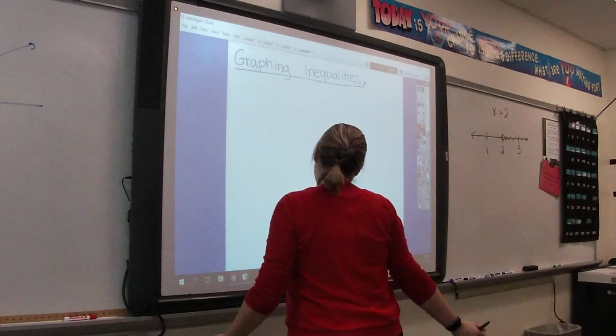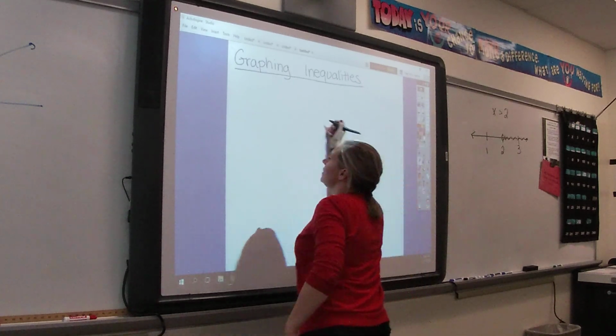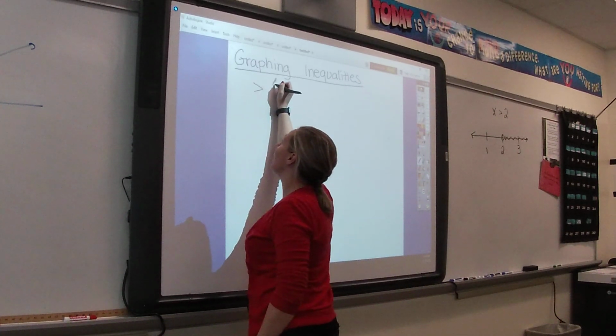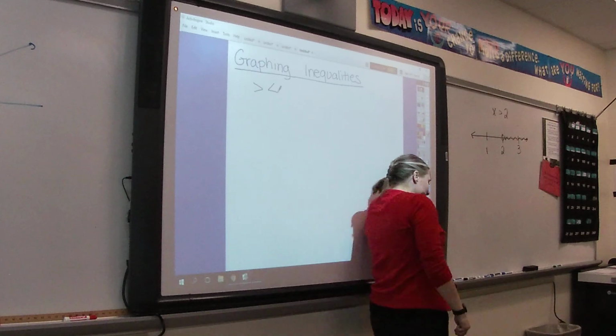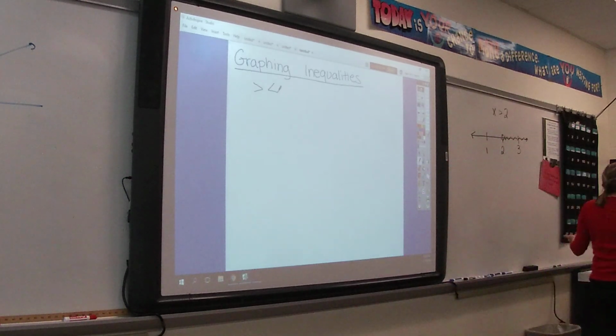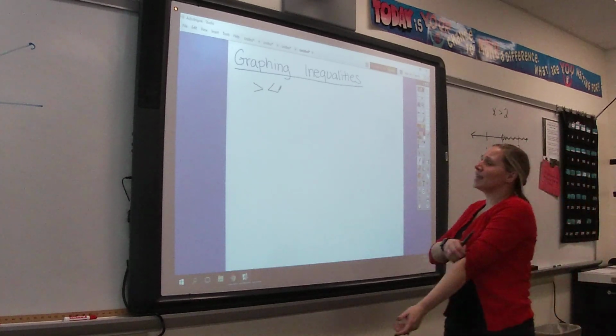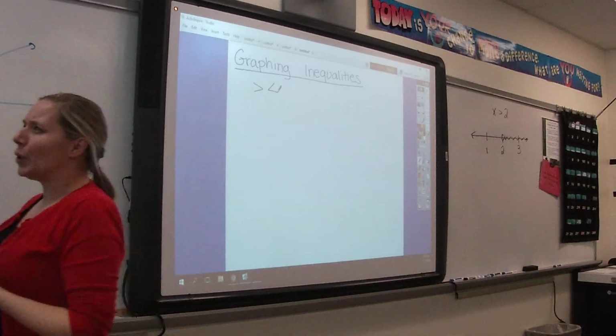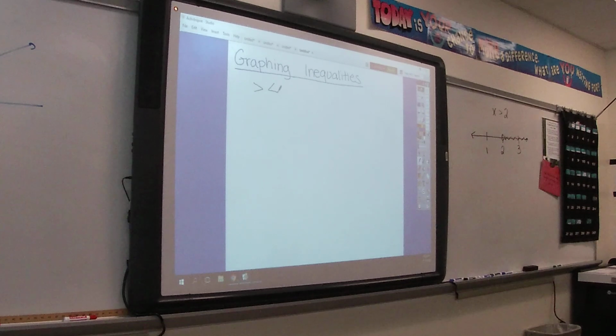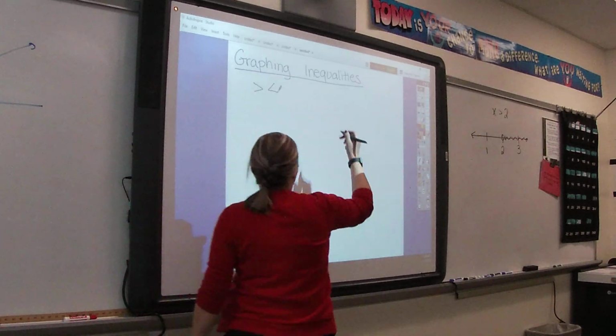Say if we have greater than or less than, we can't use an open circle because we're looking at lines. So instead of using an open circle, we will use an open line, but an open line is going to be a dashed line.